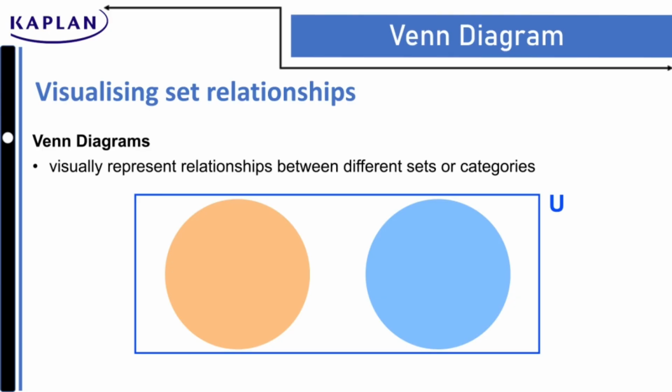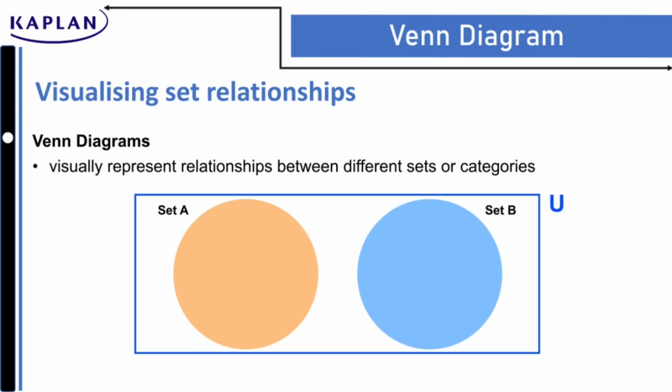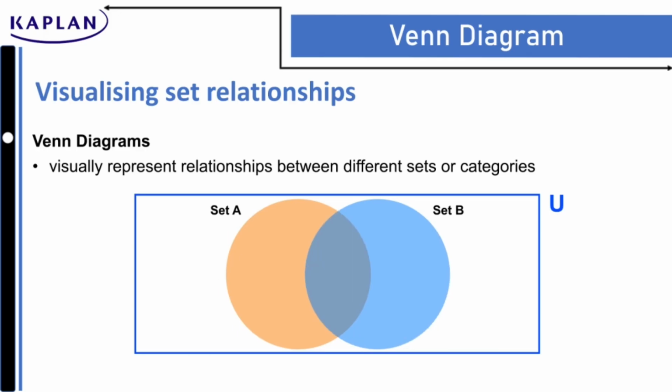Inside the universal set, we draw circles. Each circle represents a specific set, a group of items that share a particular characteristic. The number of circles in a Venn diagram can vary depending on how many sets we are comparing, but 2 or 3 circles are the most common.